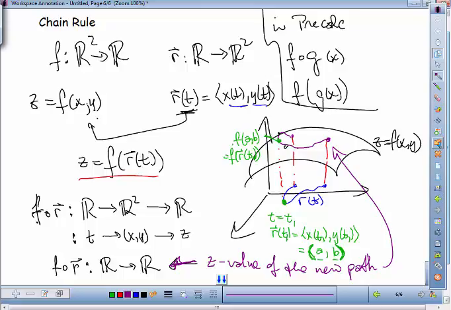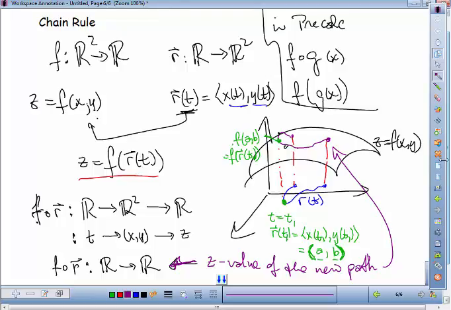The chain rule. Not the tangent plane, just the chain rule. Should we keep going with the derivative of this, or should we try to get an example? Are you guys okay following formulas, or should we cut to an example real quick and then come back?